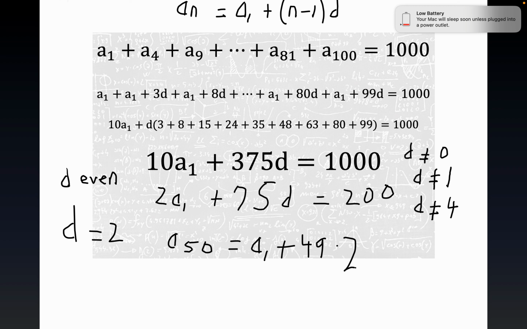But notice that we can quickly see from right here that if d is equal to 2, that would force a sub 1 to be 25. So what we get right here is 25 plus 98. The mental math here is very straightforward: that's equal to 123.